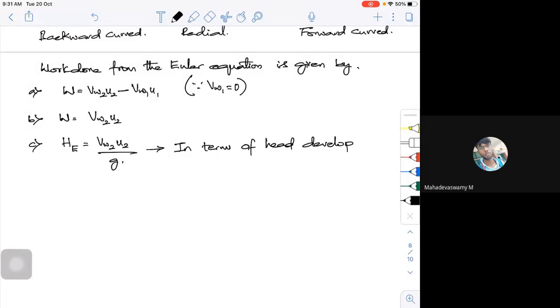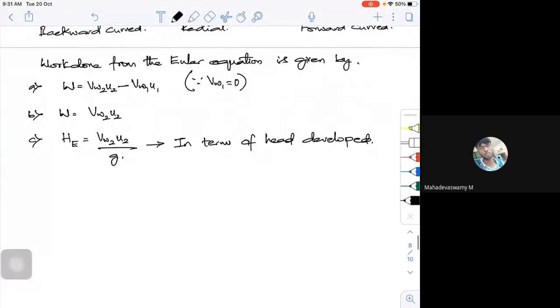So if I try to write it in terms of energy, I can write in terms of head developed, whatever. Now, as I told, we have to look at this particular condition for different beta angles. Now, what are these beta angles? Those beta angles are, one being less than 90 degrees.